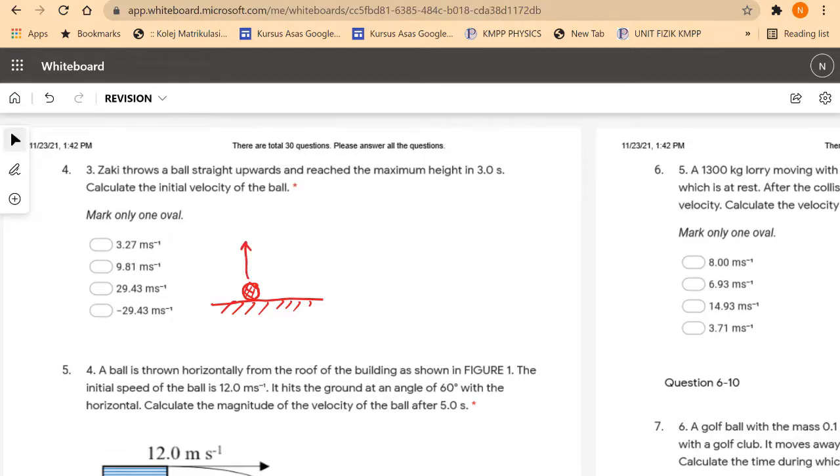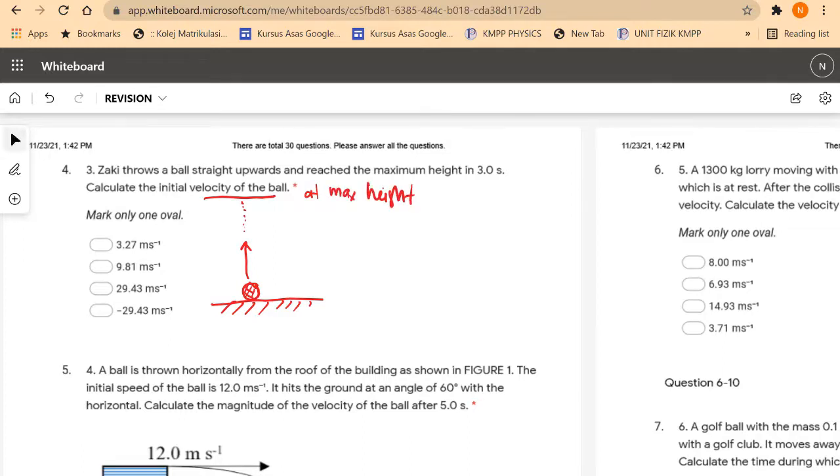The ball might be from the ground level or from any position above the ground, and it reached maximum height here. This is the maximum height.